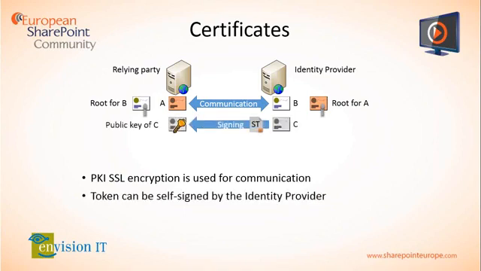But then there's this SAML token that gets generated, and it's basically a public-private key pair. The identity provider has a private key, and it signs that token. As part of setting up the trust, you take the public key, run some PowerShell, and install that key into the relying party, in our case into SharePoint. SharePoint can then take that token, validate it with the public key, and say, did this token come from that identity provider that I trust?